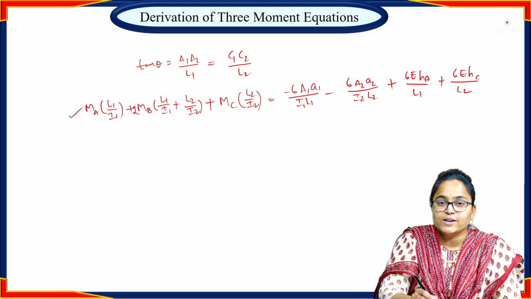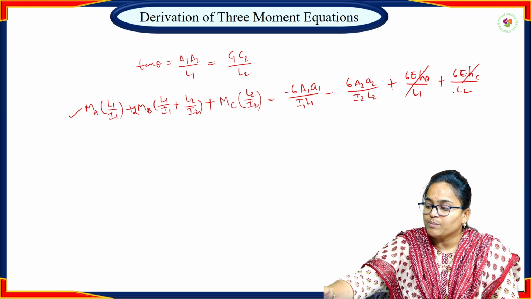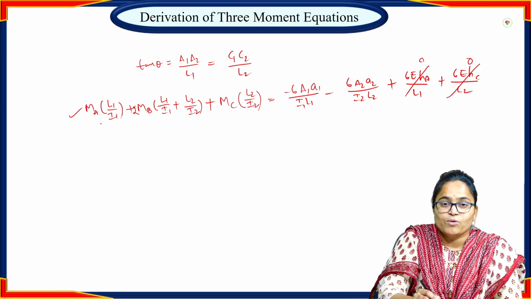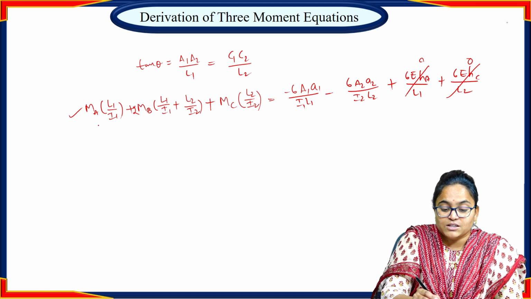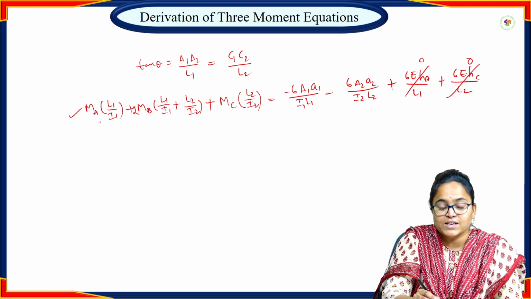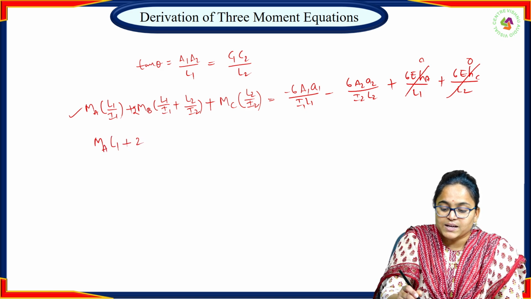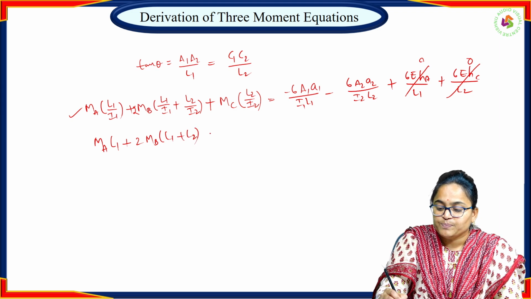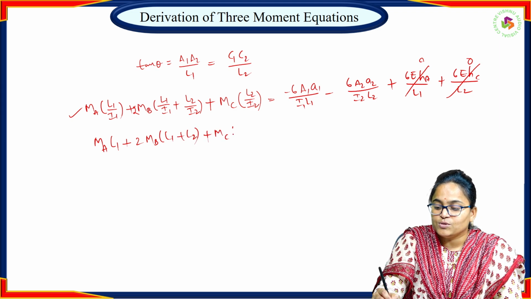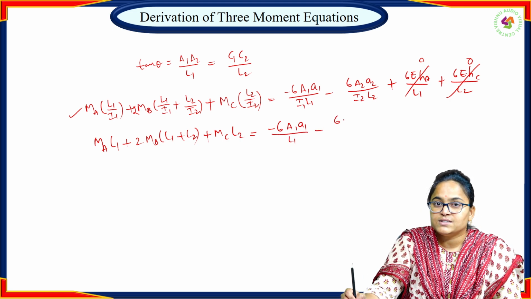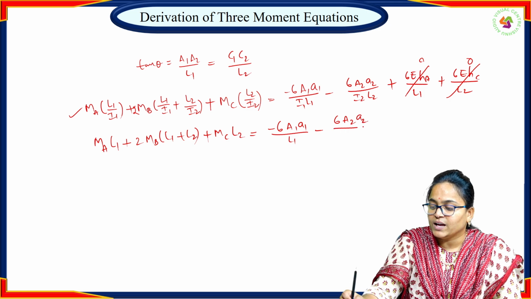So for example, if there is no sinking of supports, then these two will become 0. And also we can write, so when the spans have same moment of inertia, we can write MA L1 plus 2MB into L1 plus L2 plus MC into L2 is equal to minus 6A1 by L1 minus 6A2 by L2.